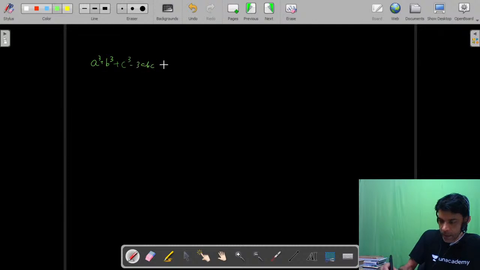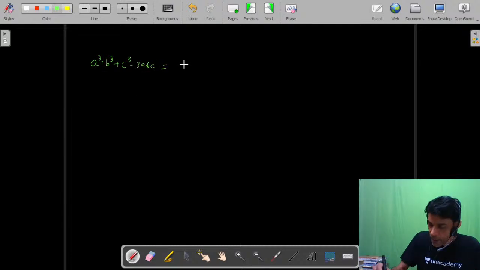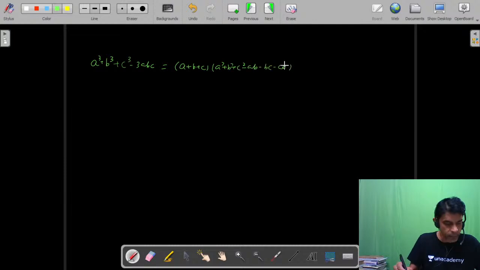So it factorizes, right? It factorizes as a plus b plus c times a squared plus b squared plus c squared minus ab minus bc minus ca. I'll try to prove it in 3 different ways so that it will be very rewarding for you to see that different things can be done.